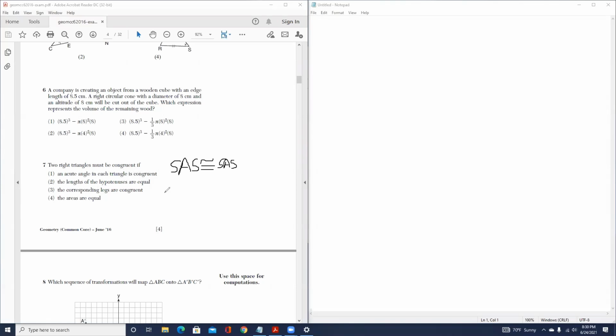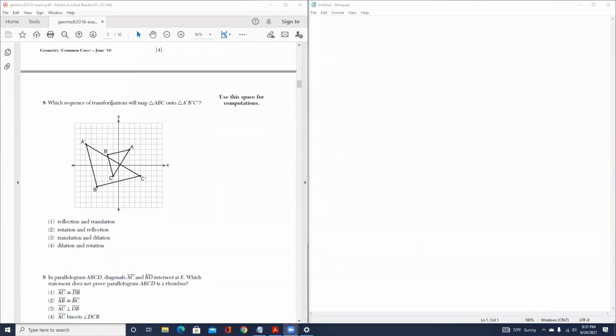In this case, the corresponding legs would be the sides, and because it's a right triangle, you know that the central angle is always going to be 90 degrees. So if you have two triangles and you can prove the corresponding legs congruent, then these two are congruent. So the correct answer is choice 3.